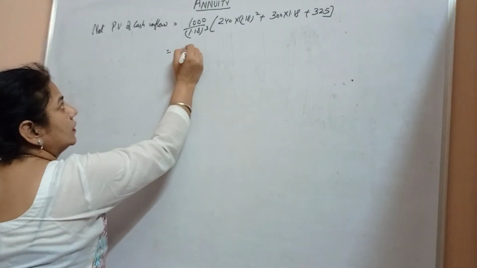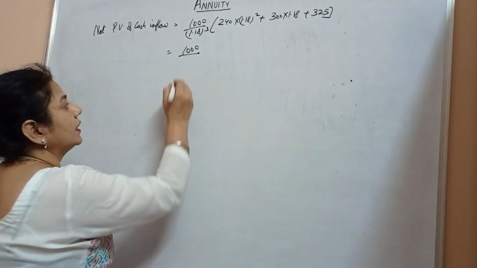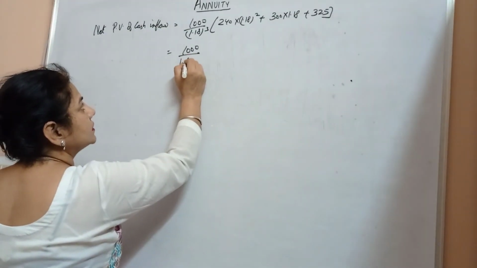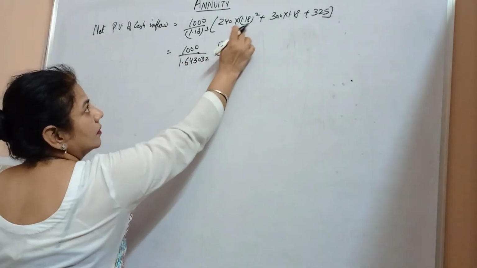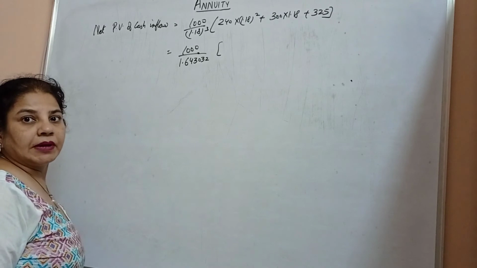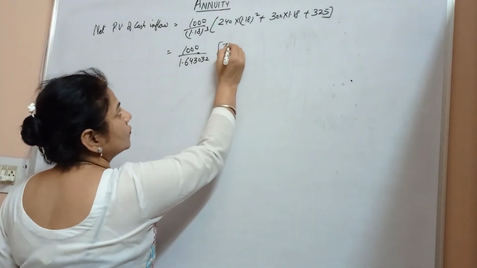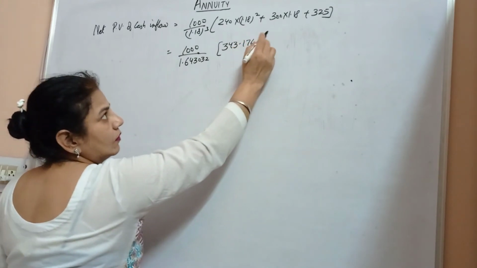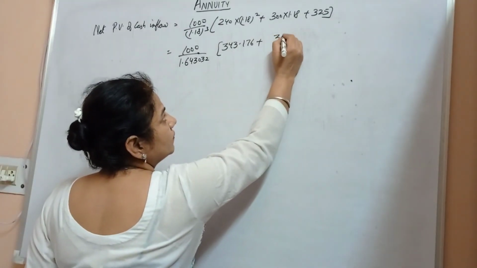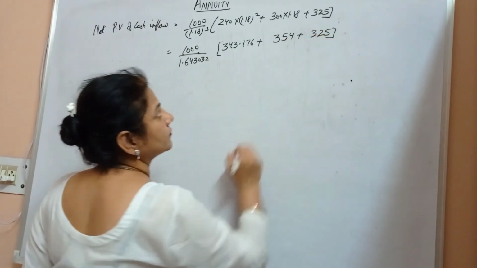On solving, we get 1000. Taking the cube of 1.18, we get 1.643032. 240 multiplied by 1.18 whole square gives the result as 343.176. On multiplying, I get 354 plus 325.